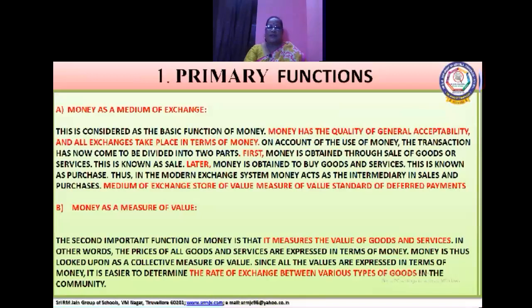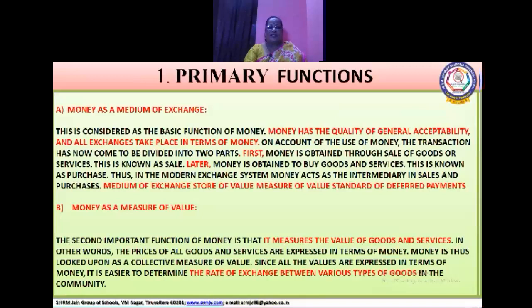This is known as purchase. So, one is sale and another is purchase. Thus, in the modern exchange system, money acts as an intermediary in sales and purchases. So, medium of exchange, store of value, measure of value, standard of deferred payments, right?